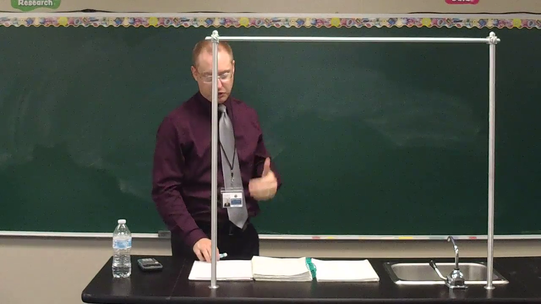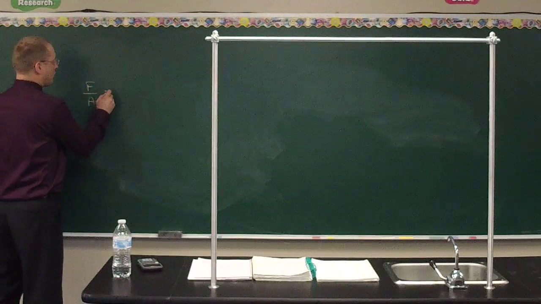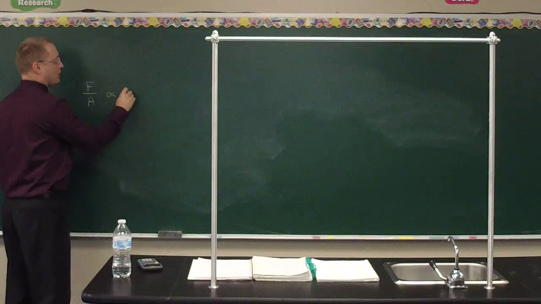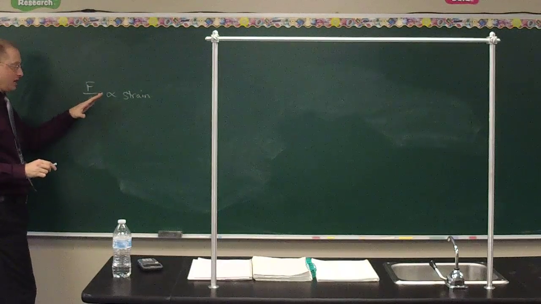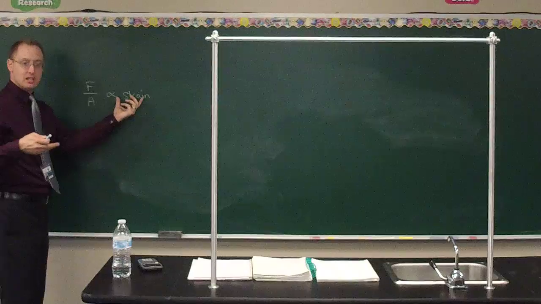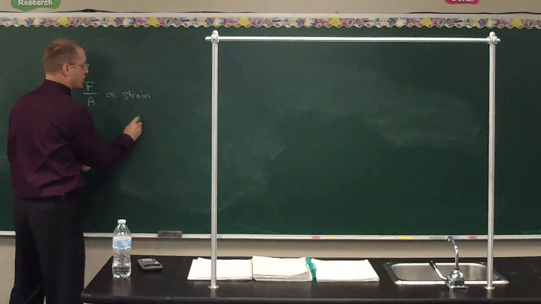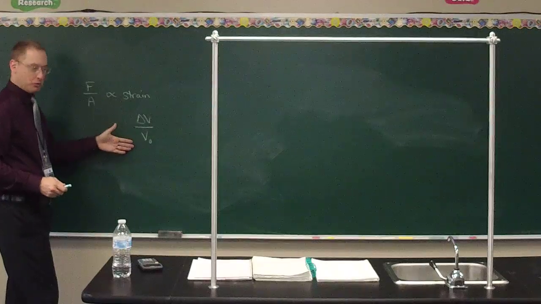Anyway, it always results in a negative change of volume. So think about it. Remember, we'd always said, don't write this down, that F over A is proportional to the strain, right? Well, in this case, the strain is relative deformation, which is the change in volume over the original volume, just like change in length over original length.